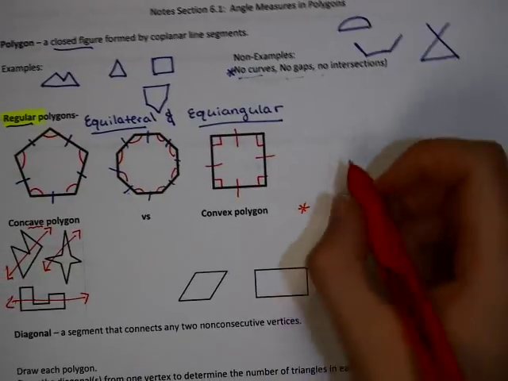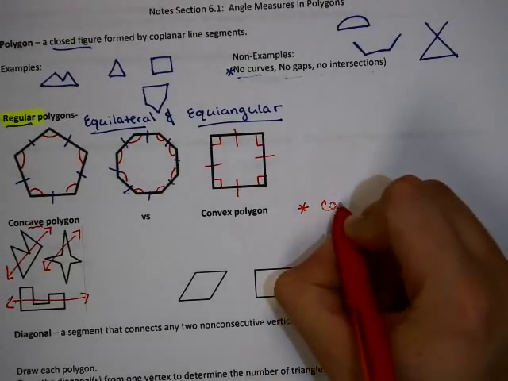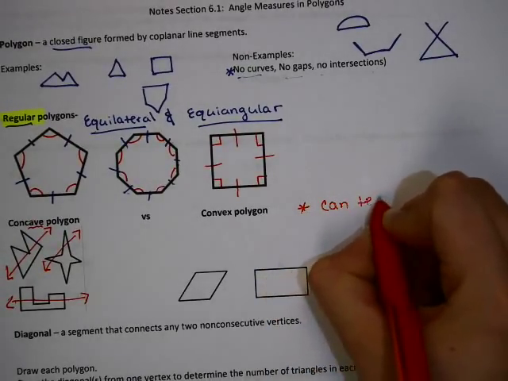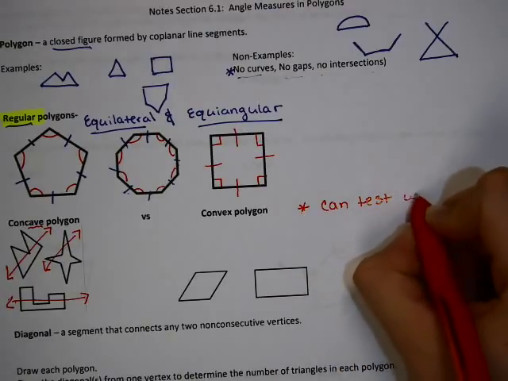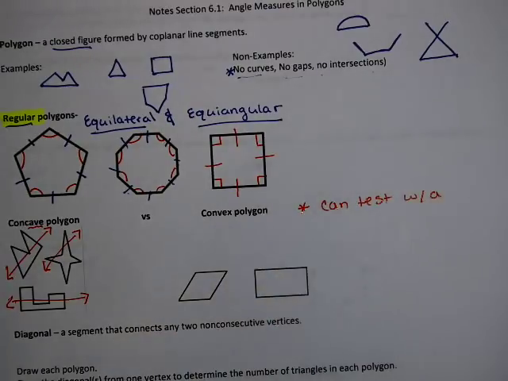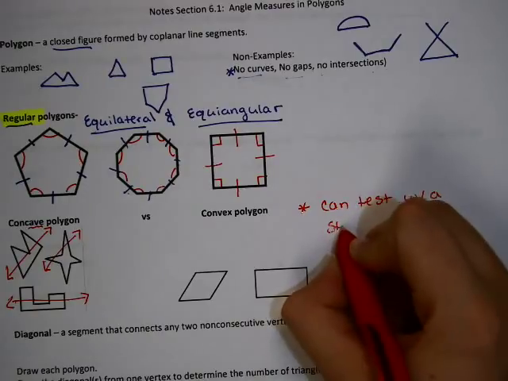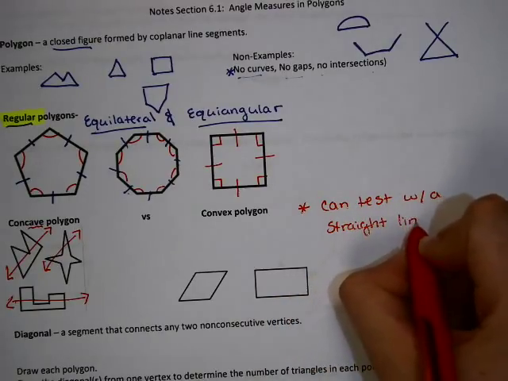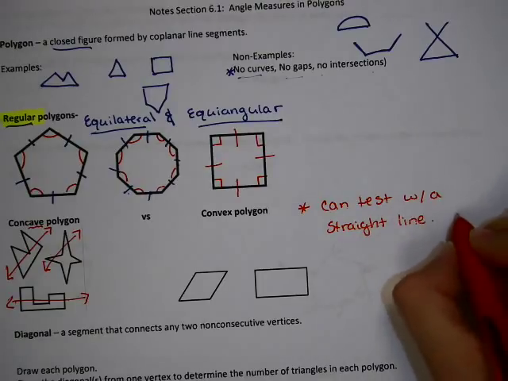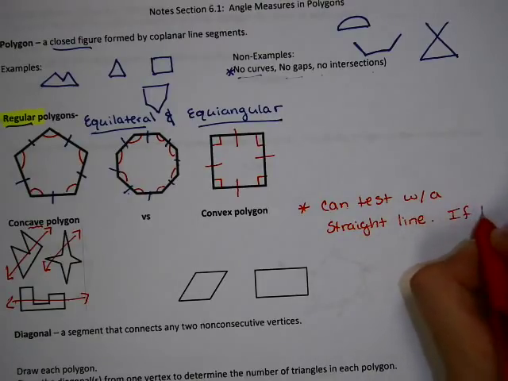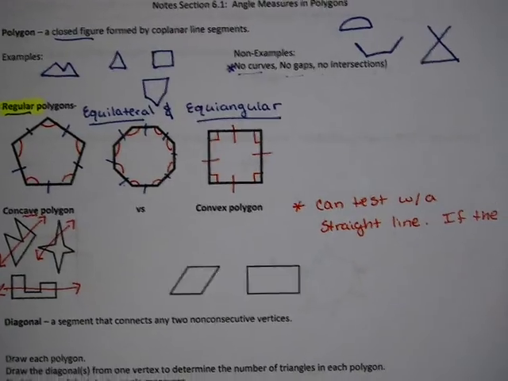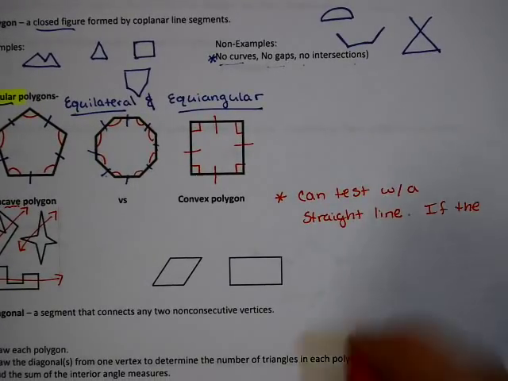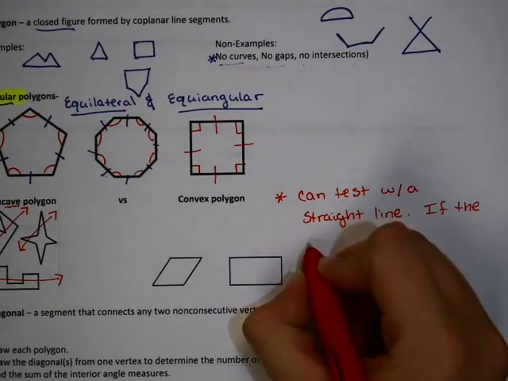All right, so we'll just write a note here: can test with a straight line. I'll move this over just so you can see what I'm writing.